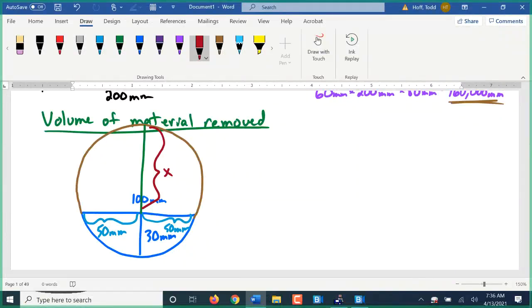And if you recall the rule, these are intersecting chords of a circle. The product of the pieces of each chord are equal to each other.